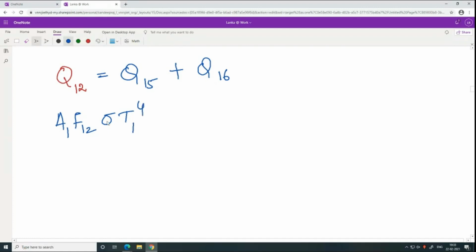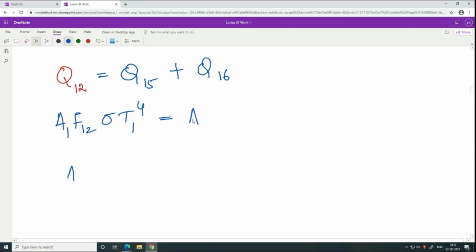The other side also sigma T to the power 4 will come. I'm not writing that part directly. It will be good if we write this here. Then only we will be able to understand it.